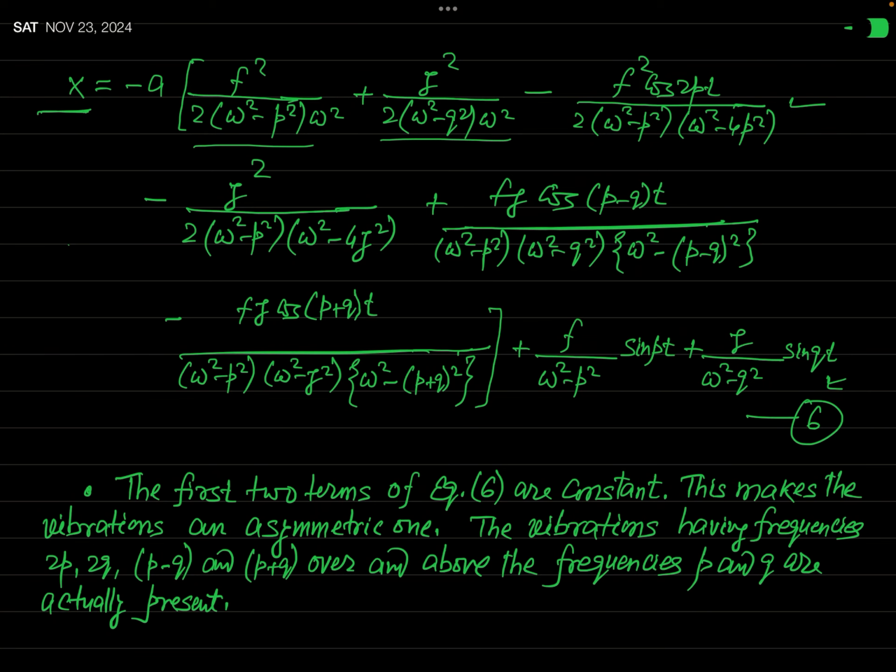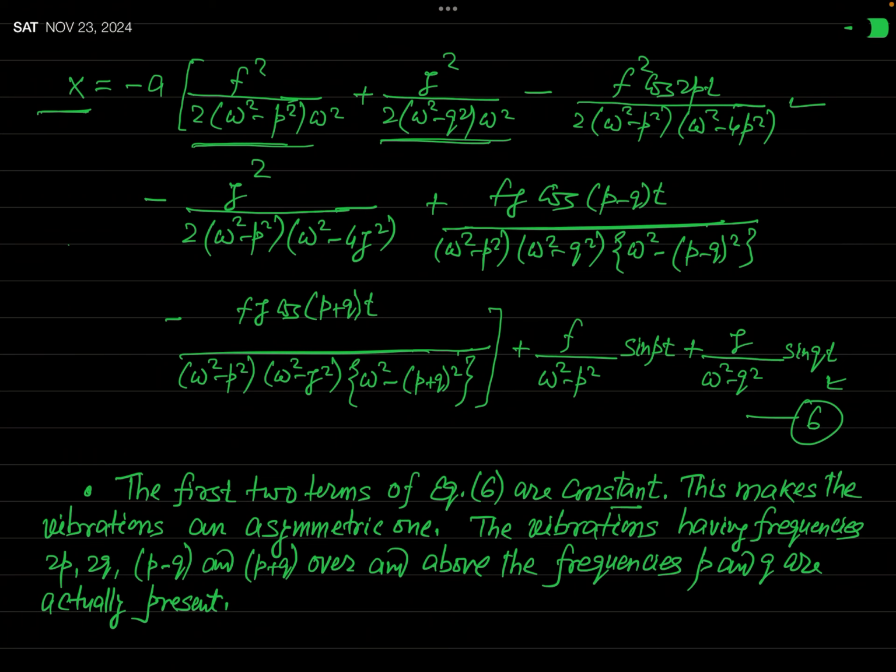Let us see. The first two terms inside the square bracket in RHS, the first two terms of this equation 6, are constant. Neither sine pt or sine qt or sine 2pt, sine 2qt is present here. So these first two terms are constant.